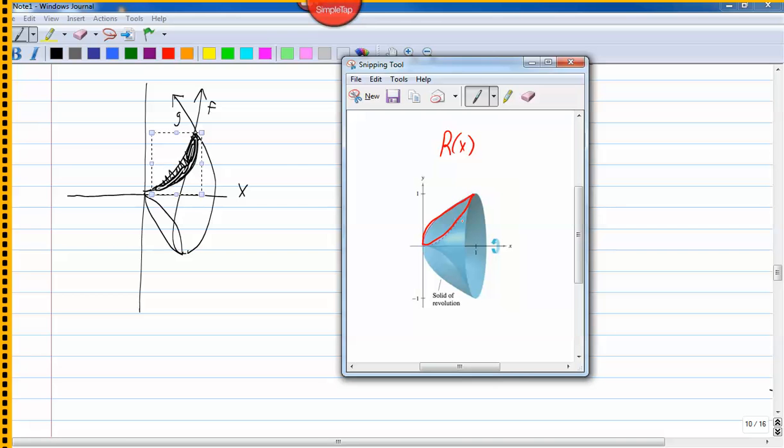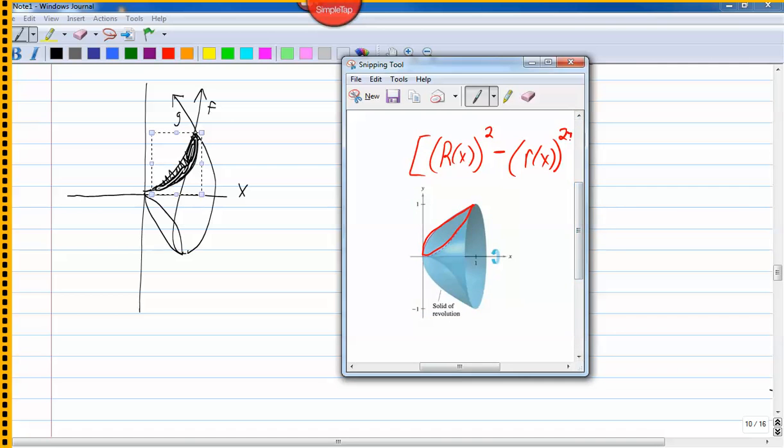But the way the formula works, you have to say the outer radius squared minus the inner radius, which they call lowercase r of x, squared.